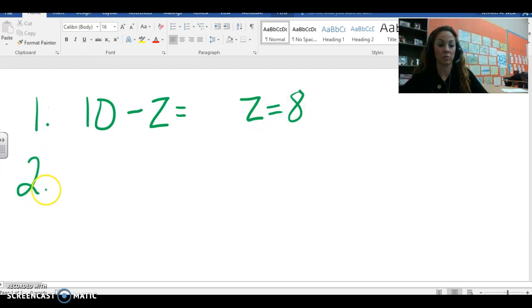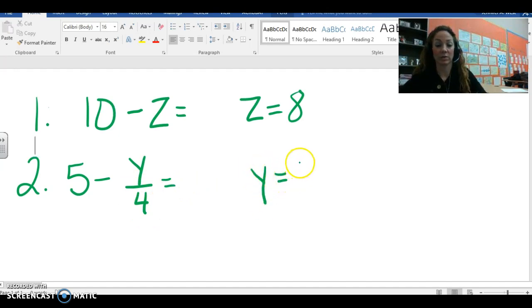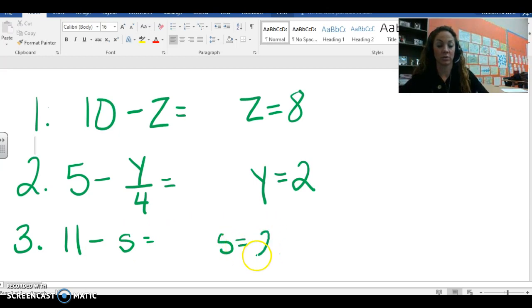Number 2 is 5 minus y over 4, or y divided by 4, and y equals 2. And number 3 is 11 minus s, and s equals 2.